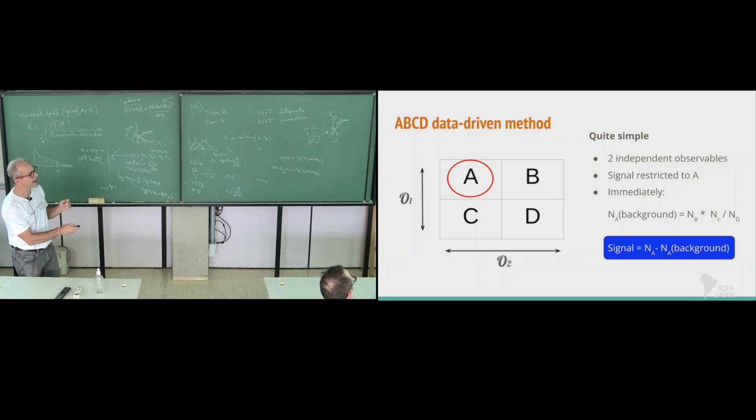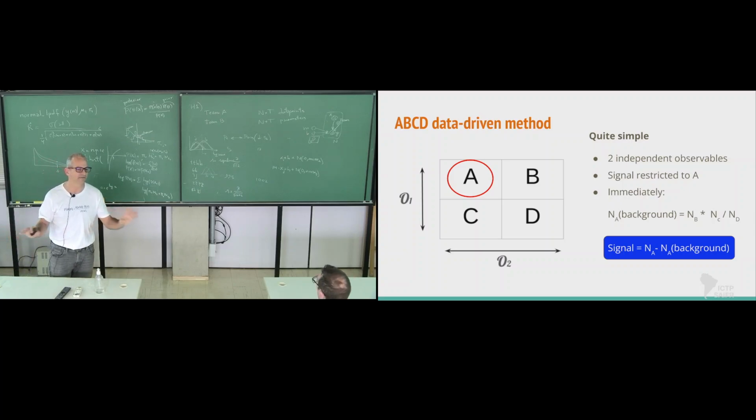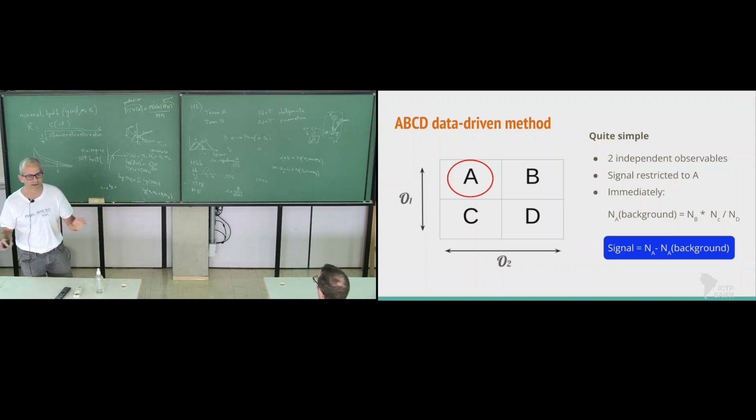So you say that A is to B as C is to D. Then, since in A you have signal and background, and in B, C, and D you have only background, you can estimate the amount of background in A. And it is very safe. In some sense, you are only multiplying and subtracting. No? If your hypotheses are correct, it's perfect, it works.